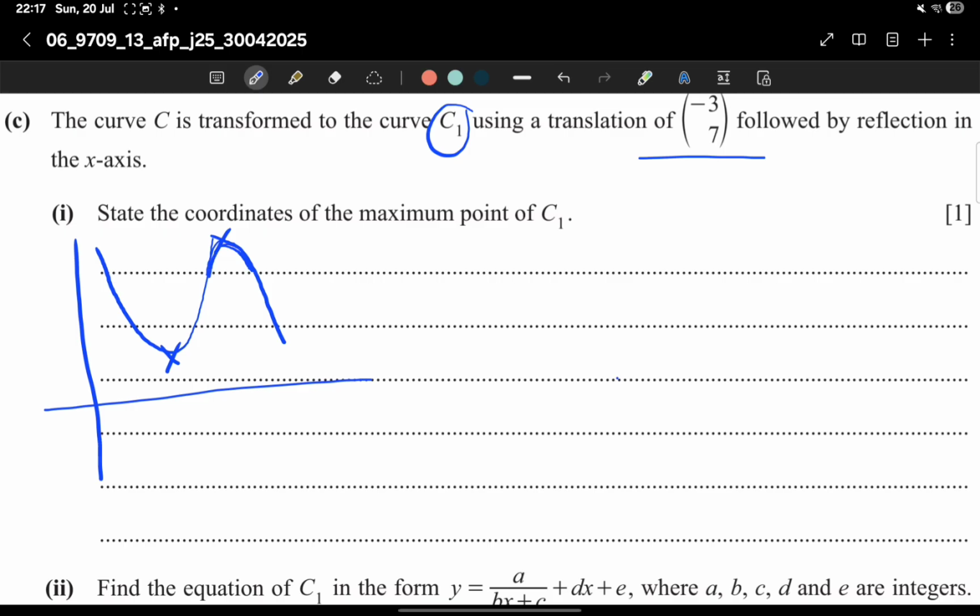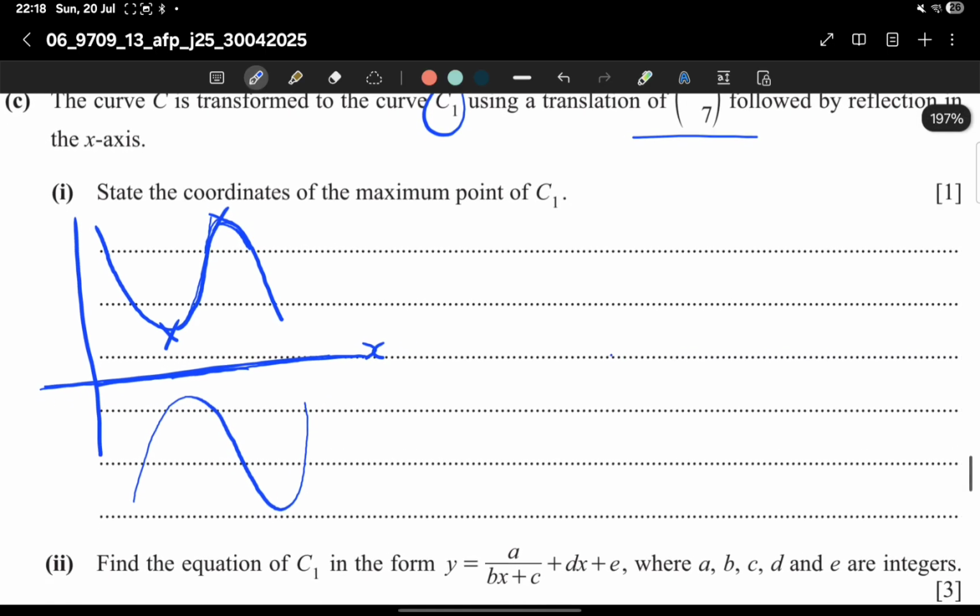It will still look pretty much the same as this one. Then followed by a reflection in the x-axis. It will be reflected using the x-axis as a mirror line, so it will look something like this, right? And you can see that the minimum of this would be the maximum of the other curve, and the maximum would be the minimum.